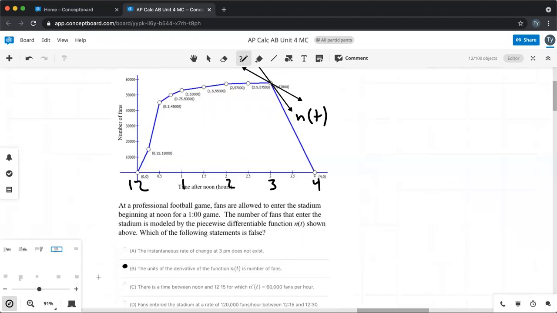Okay, so this one requires mean value theorem.